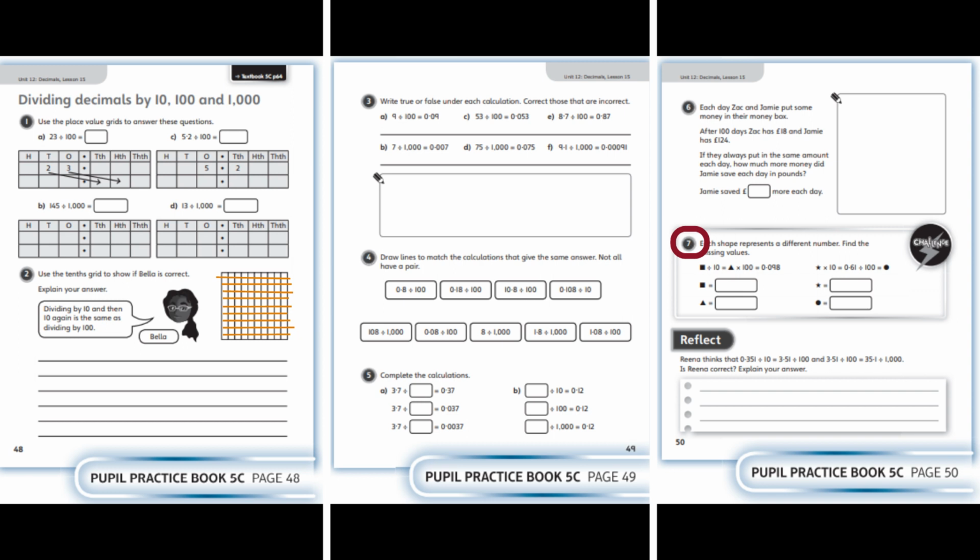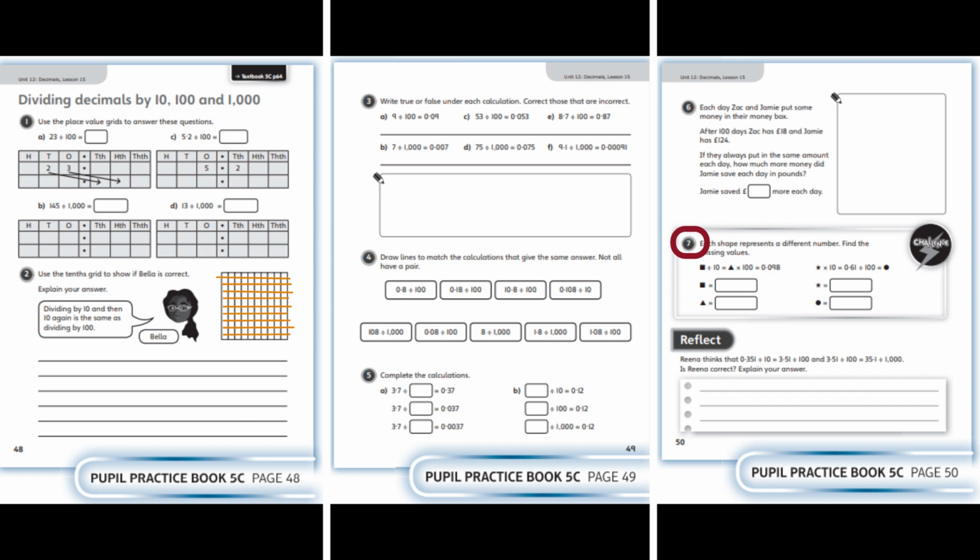First, you can have a square divided by 10 equals 0.098. Also, you can have a triangle times 100 equals 0.098 because both number sentences equal 0.098, so they have the same answer at the end. So break it into 2 number sentences and then work backwards to find what the shape is.